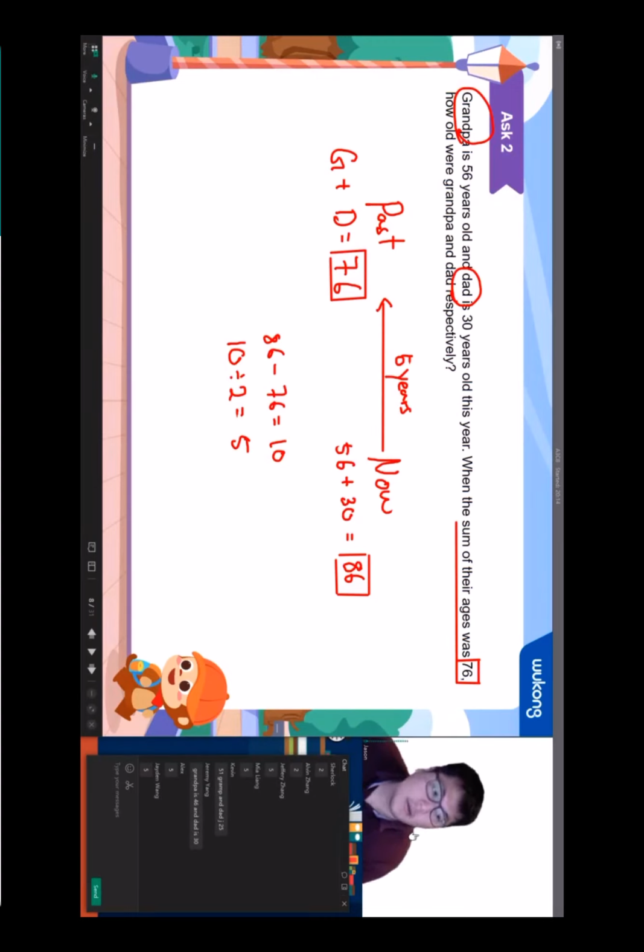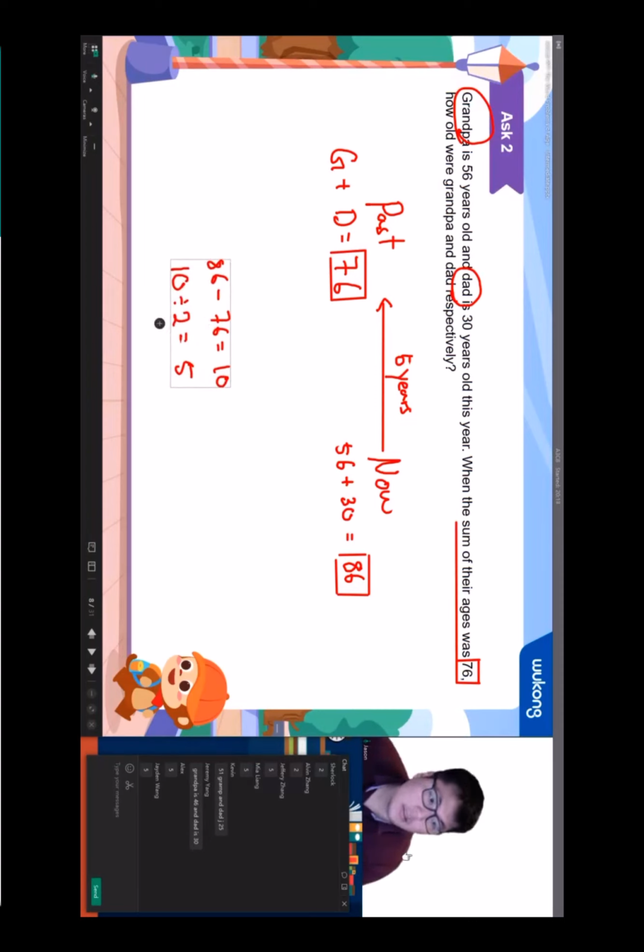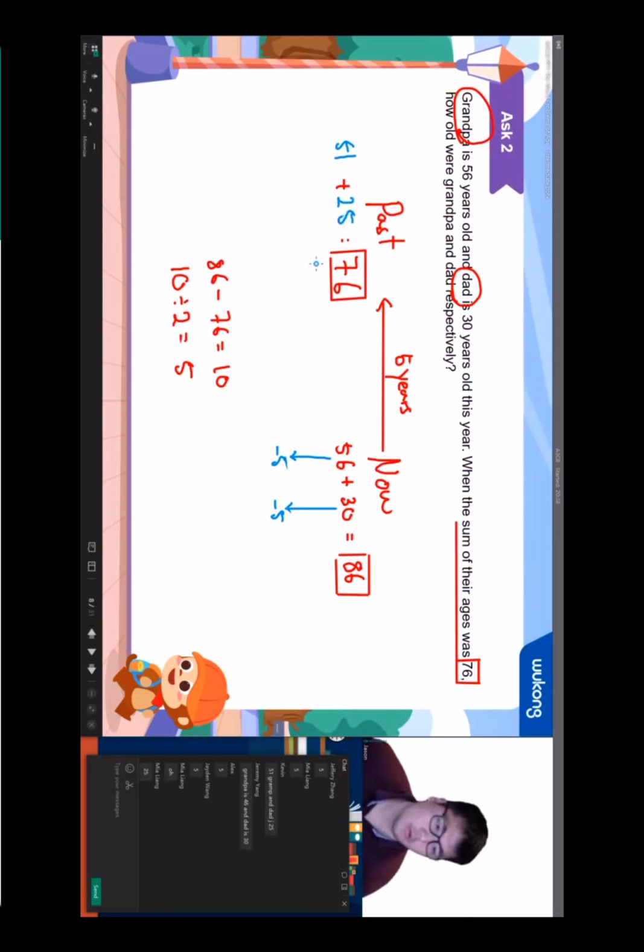Okay? So what we need to do next is quite simple. We need to go backwards. 56 take away 5 and 30 take away 5. So Grandpa was 51 years old and Dad was 25 years old, guys.